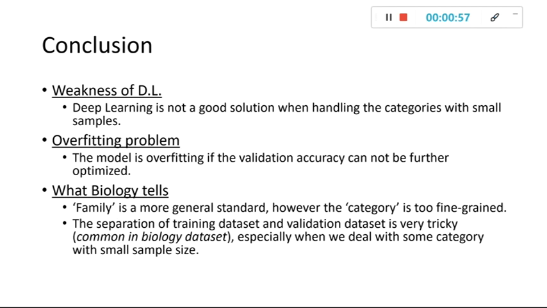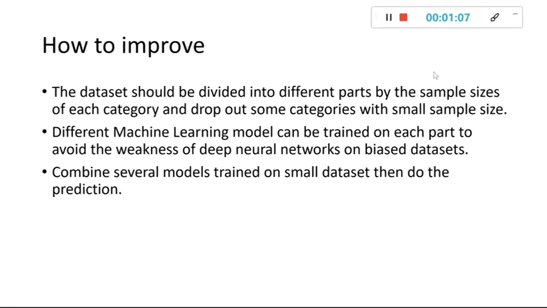The separation of the training dataset and validation dataset is very tricky, especially when we deal with some categories with small sample size. There are several ways we can adopt to improve our model. First, the dataset should be divided into different parts by the sample size of each category, and we drop some categories with small sample size.